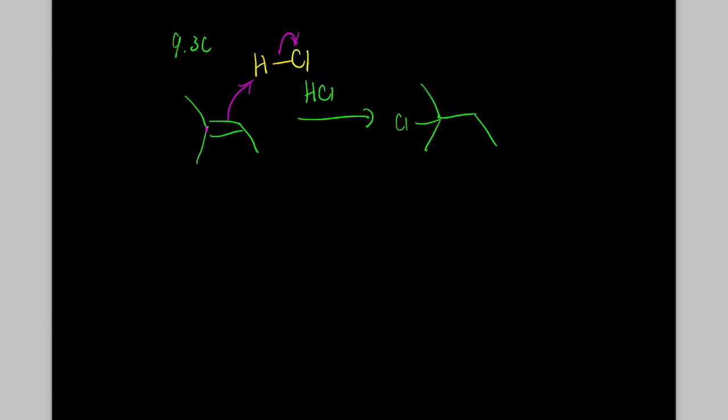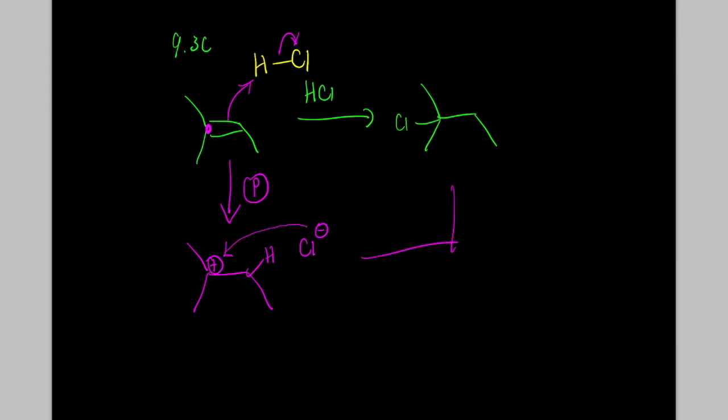And remember that this carbon on the left is going to be more substituted and therefore be the carbocation, okay? Your hydrogen here can be drawn if you like, just to keep track of things. And then here's the chloride attacking the carbocation to give you the final products. We call this step the attack step.